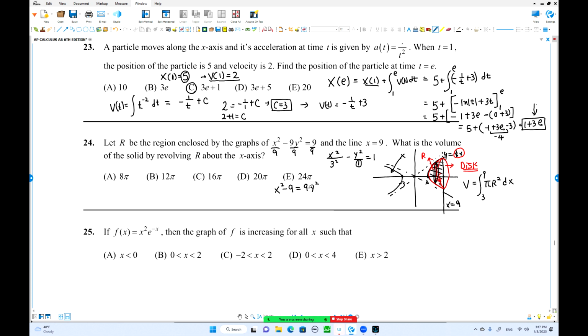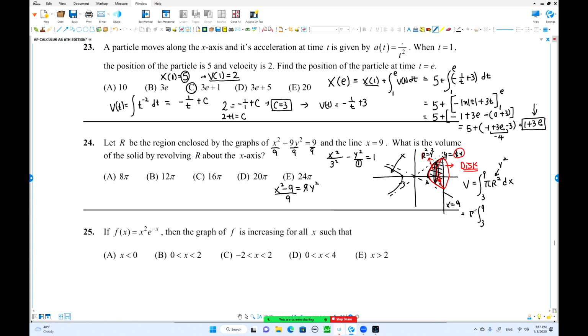When you divide by 9, that is y squared. So R squared is y squared, okay? R equals y, so R squared is y squared. So y squared is x squared minus 9 over 9, okay? So this now looks like this one. 3 to 9. I'm going to move pi out, the constant.